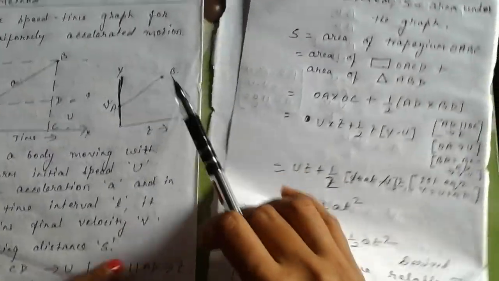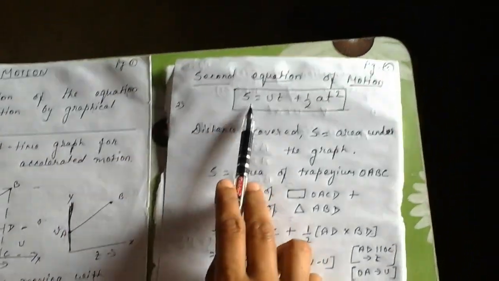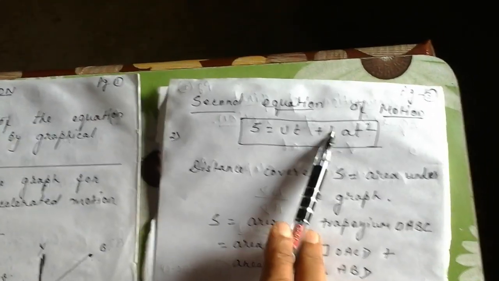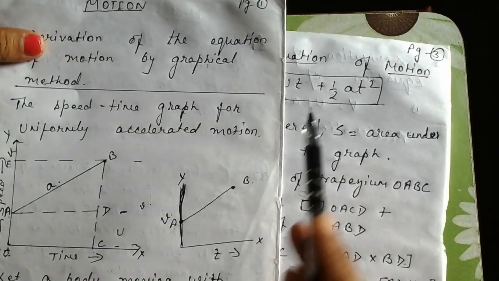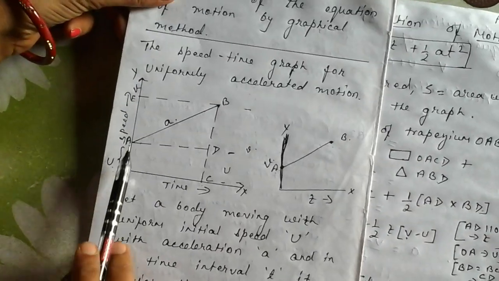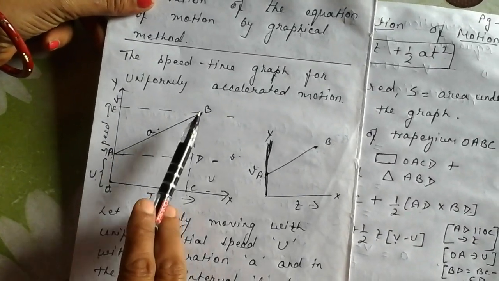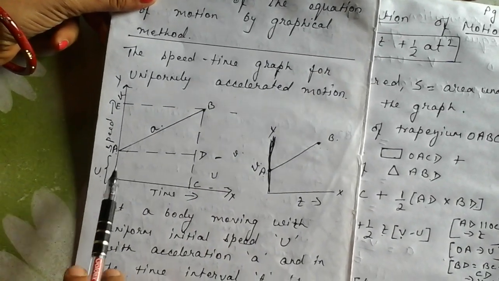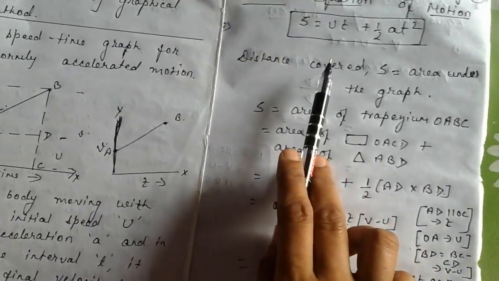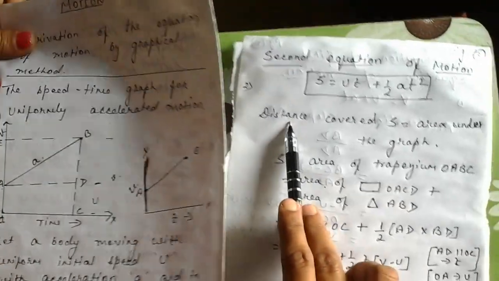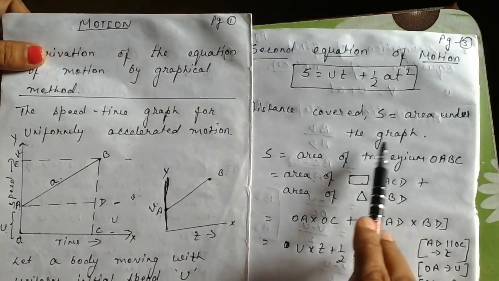Now come to the second equation of motion, s = ut + ½at². Again, from the figure you see, the body starts from initial position A and reaches B. So what figure have we got? O, A, B, C. Previously we discussed that the distance covered is the area under the graph.